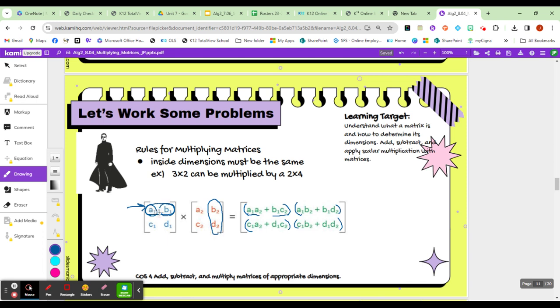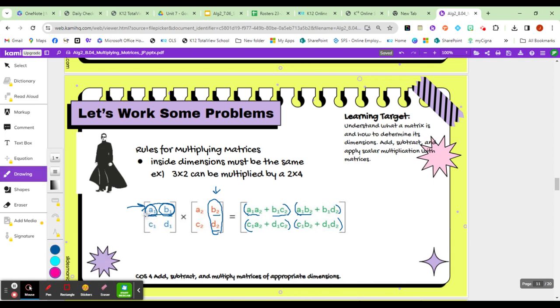Still on the first row, and then we'll multiply it times the second column. So look at this. This is A1 times B2 plus, because you're always combining the products, and then B1 times D2. And then you'll combine that.